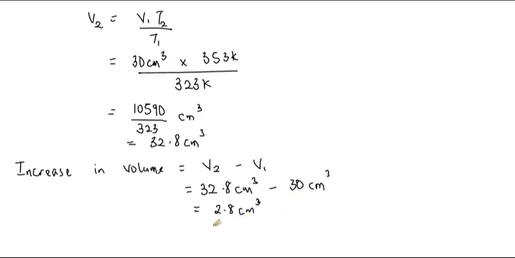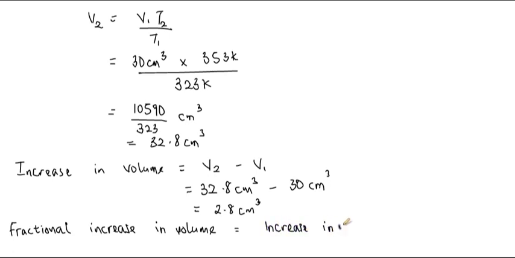So to get that, we say fractional increase in volume equals increase in volume divided by initial volume, which is equal to V2 minus V1 divided by V1.